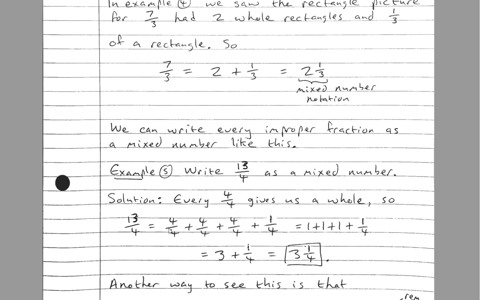If you were drawing the rectangles, this would be a full rectangle, another one, a third, and then 1 out of the 4 quarters shaded in the 4th rectangle. So 13 over 4, this improper fraction, is equal to 3 plus 1/4 left over.